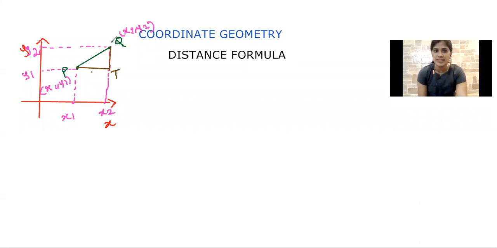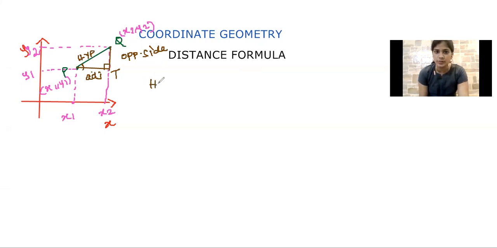And now you are able to see a right angle triangle over here, right? So now I'm going to apply the Pythagoras theorem over this. Already you know that this one is going to be the hypotenuse, the one which is opposite to the 90 degree. And let me assume this P as theta, an angle. The side which lies opposite to the angle is going to be the opposite side, and this side is going to be the adjacent side.